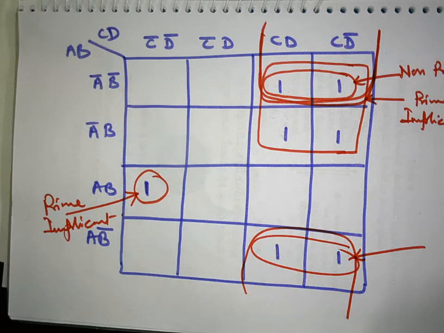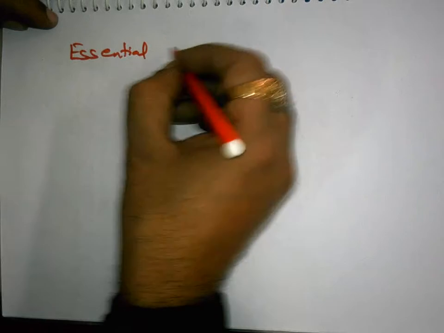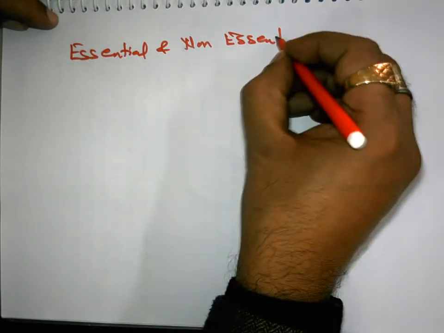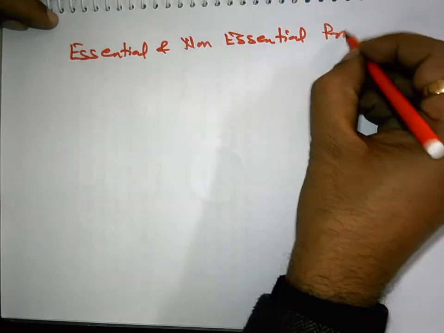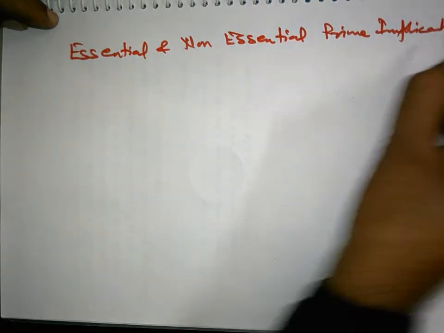Now what are essential prime implicants and non-essential prime implicants?